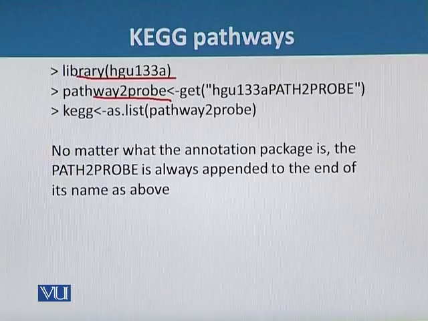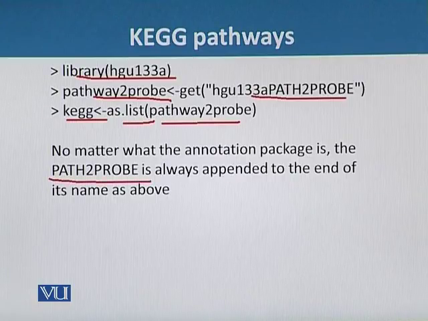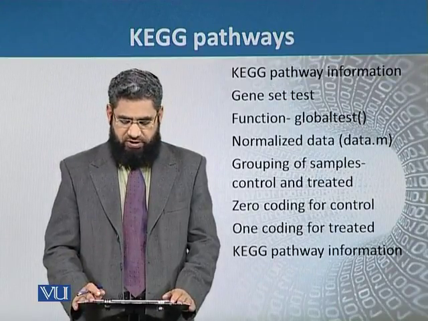We will get this information in the KEGG object as a list, and in the parentheses we will write path2probe, that is the information of the data. No matter what the annotation package is, the path2probe is always appended to the end of the name as above.